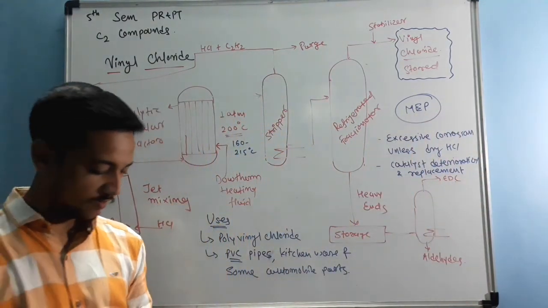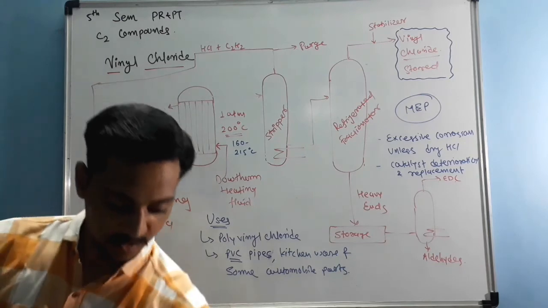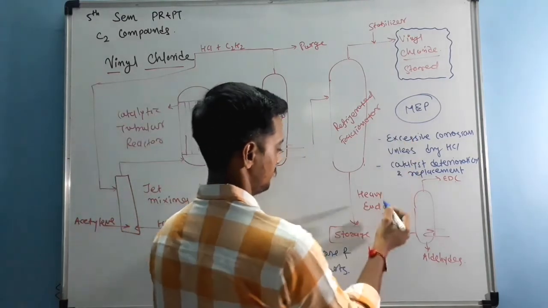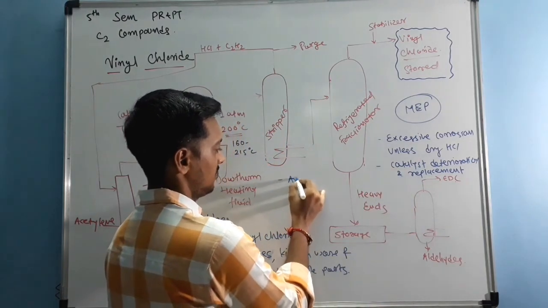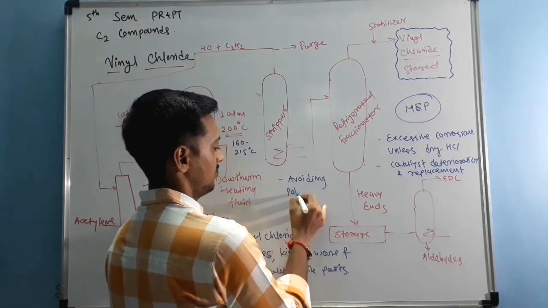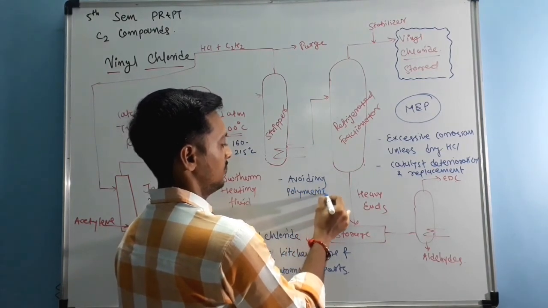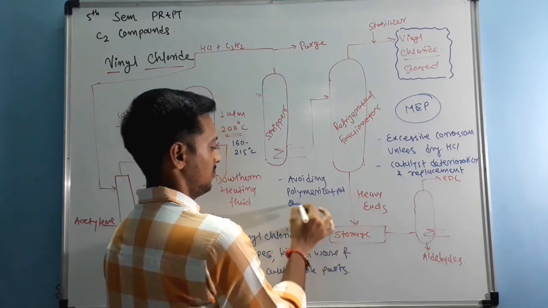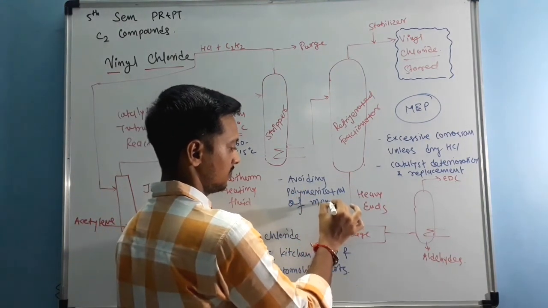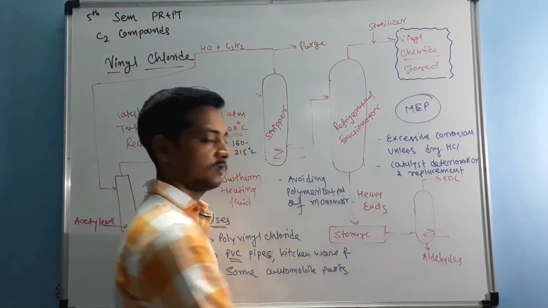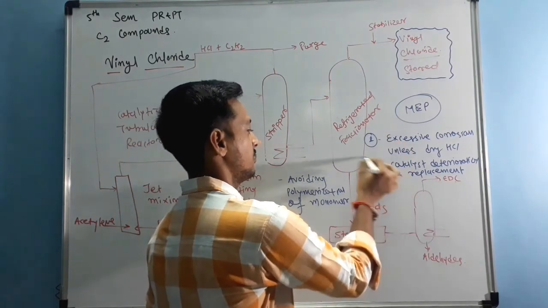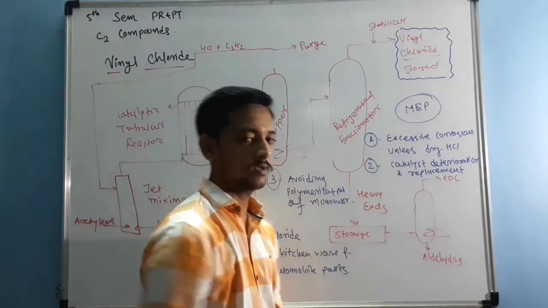So these are the two problems, and the third problem is avoiding polymerization of the monomer. Which monomer? Vinyl chloride. Okay, so these are the basic problem number 1, problem number 2 and problem number 3.